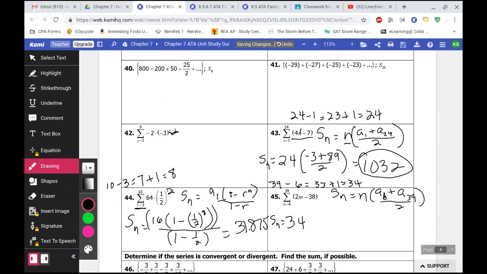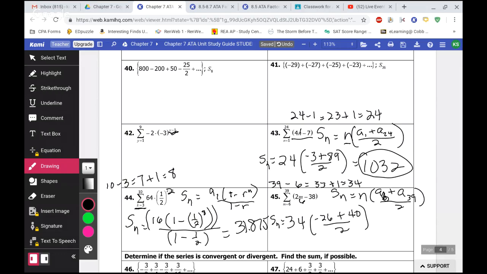And then the value of the 6th term, you plug in the 6 here. So that's going to be 12 minus 38, negative 26. And then you're going to plug in a 39. So 2 times 39 is 78 minus 38, so 40, divided by 2.